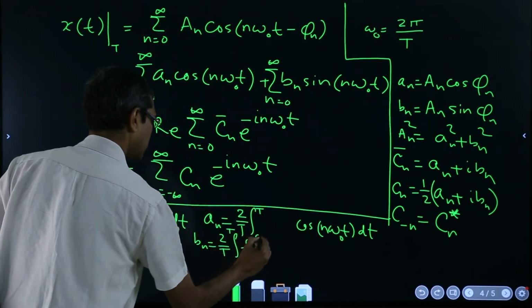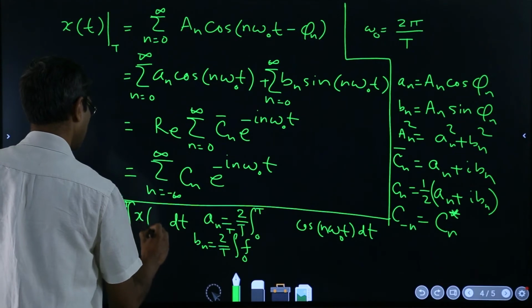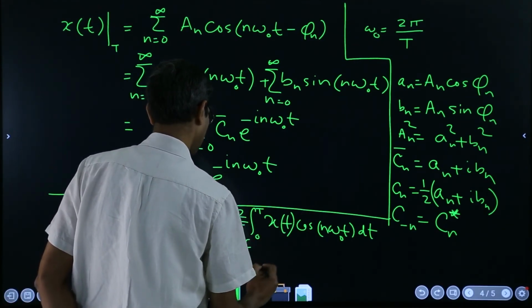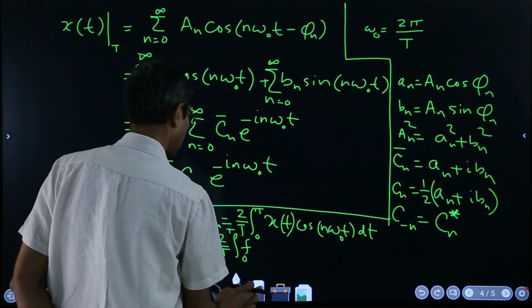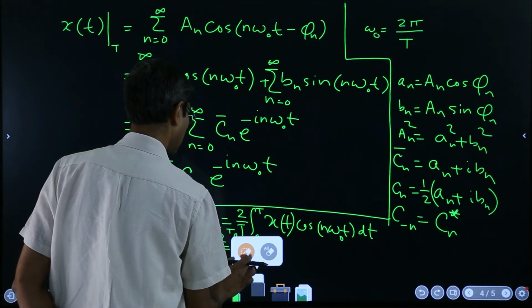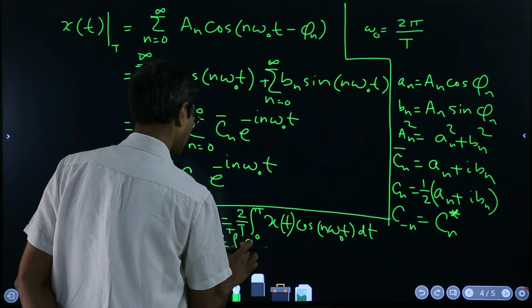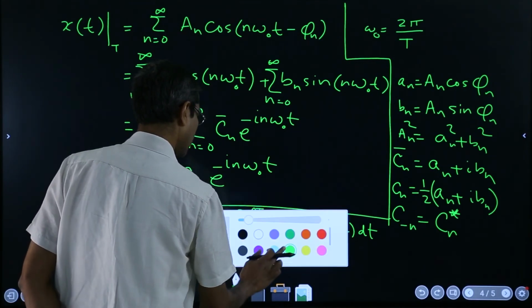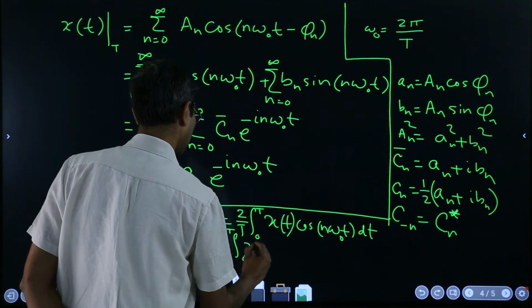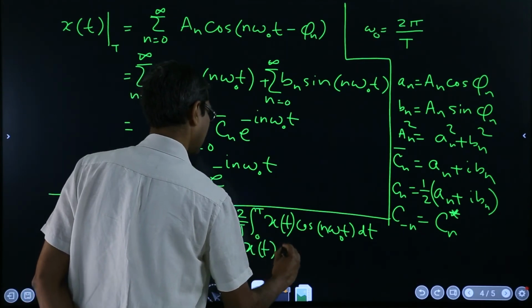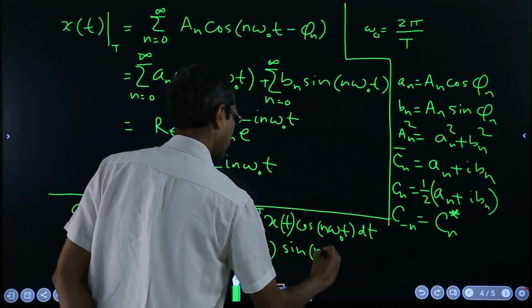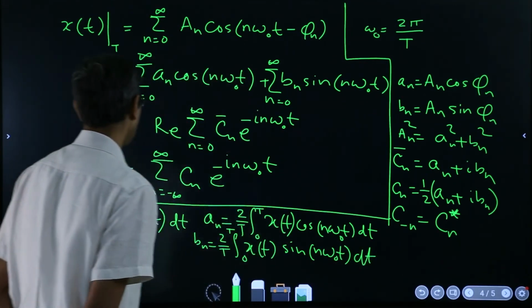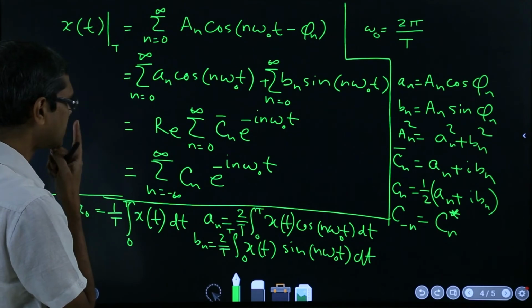Okay, here it's 0, this is x(t), this is x(t), here also, okay, so it's x(t) sine of n omega naught t dt. Something else should I write?